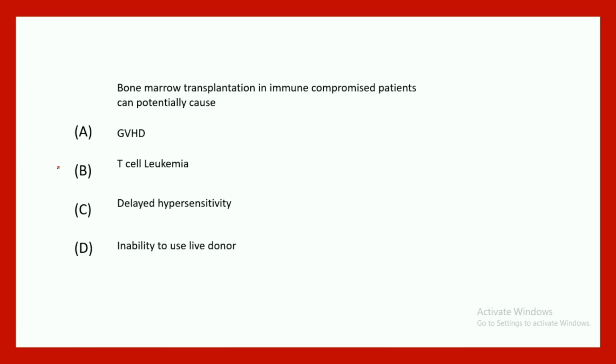Here the options are GVHD. GVHD means graft versus host disease, T-cell leukemia, delayed hypersensitivity, inability to use live donor. Now let me tell you, option A is very alluring, but this is not the answer, because graft rejection happens when our own immune system treats the graft as a foreign substance, but here the individual is immune compromised, so this option cannot be true.